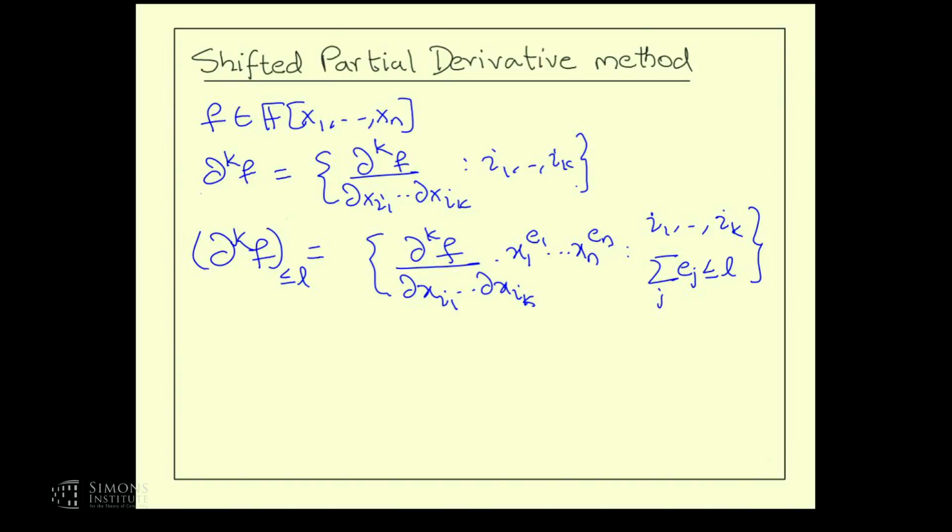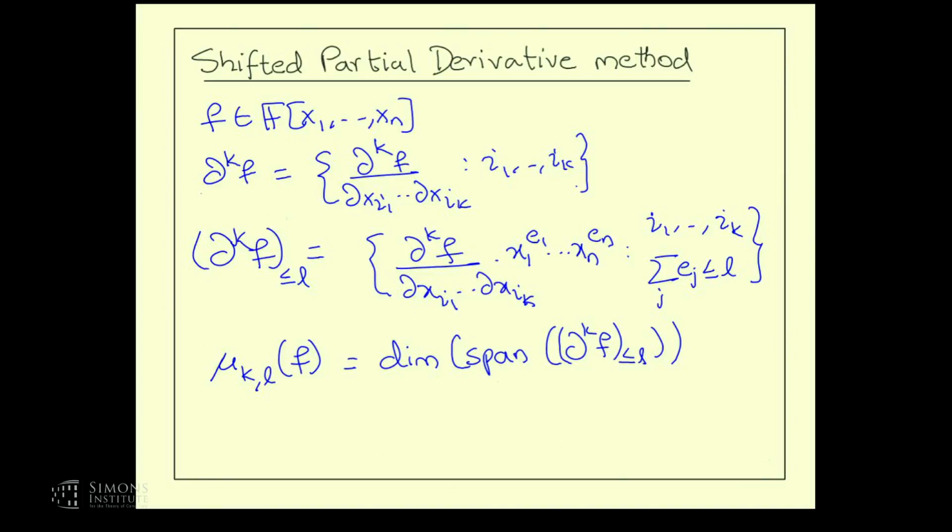You're looking at every partial derivative and every monomial of degree at most L, multiplying them together and getting a large finite set of polynomials. These are going to be the rows of your matrix. Alternately, you can just define the complexity of your polynomial to be the dimension of the span of this set of vectors.